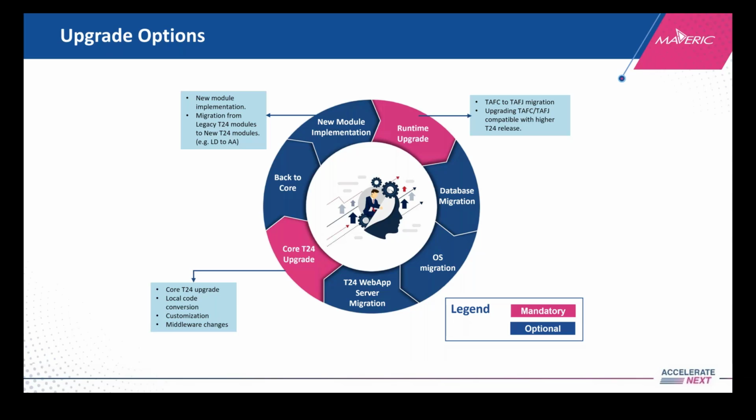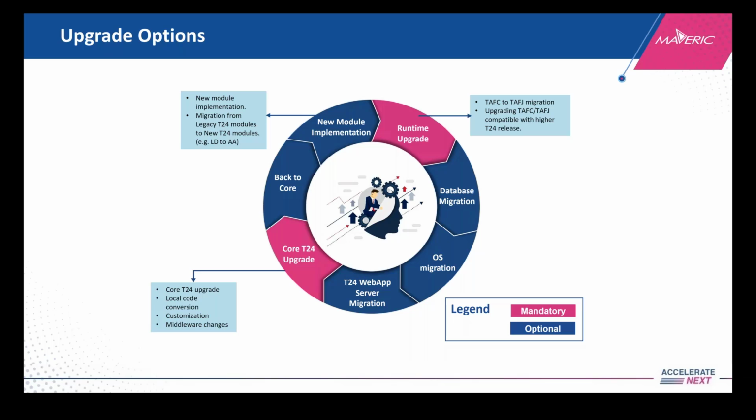One is the runtime upgrade and the other is the core application upgrade. Apart from these, there could also be other activities or migrations that may happen in an upgrade project, and we'll be taking you through what those mean in your upgrade context.